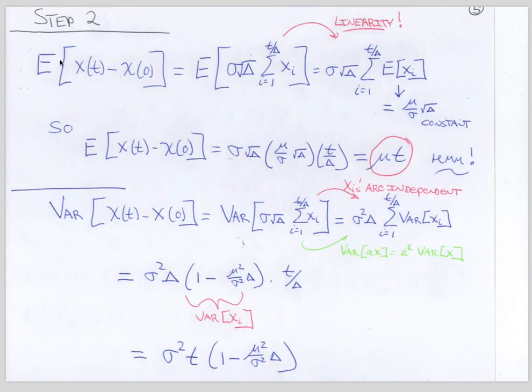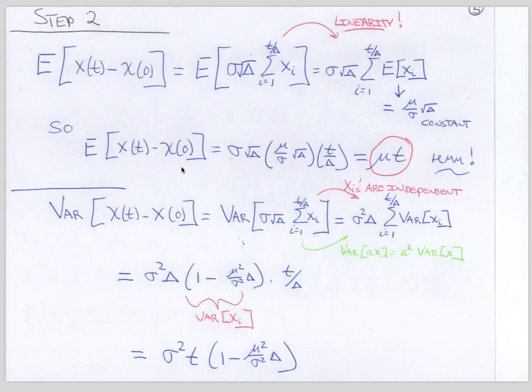So step 2 is let's figure out what the mean value for the differential is, x of t minus x of 0. Well, I'm just going to plug in the formula for that differential. And because of the linearity of the expectation operator, that allows us to bring the expected value inside, and we can replace that with the expected value for each Bernoulli. Now, there are going to be n of those, or t over delta of those.